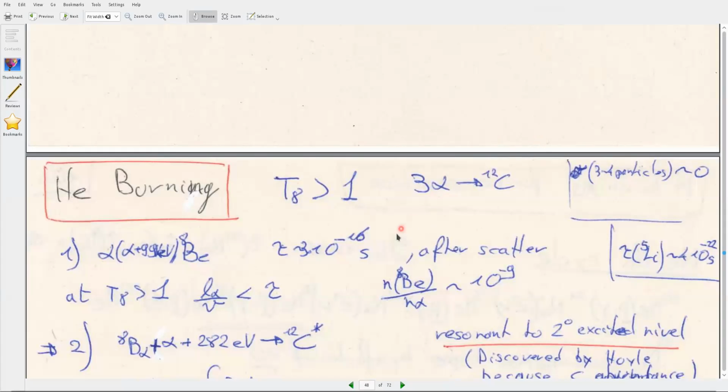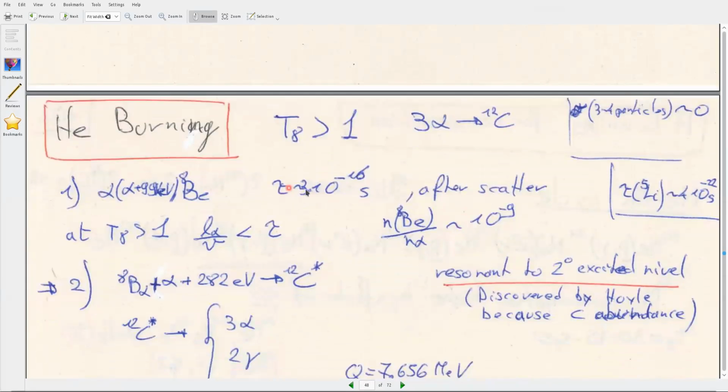Here, helium burning. You have to produce this beryllium that has a really short life, 10 to the minus 16 seconds, really short, but enough to interact with another helium in the reaction that is resonant at the second level and produce carbon.